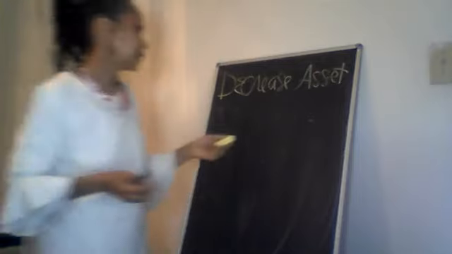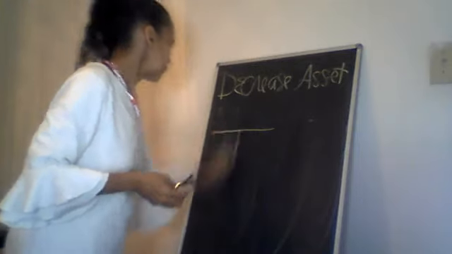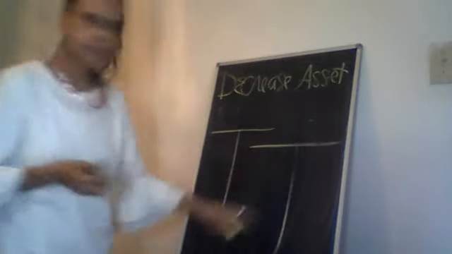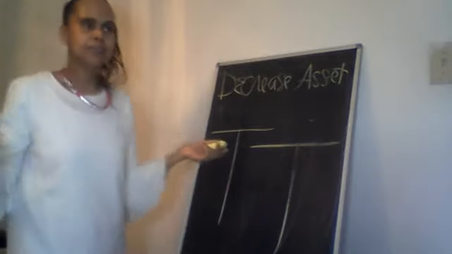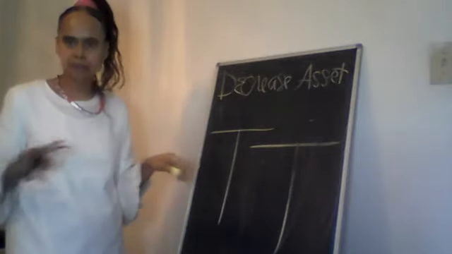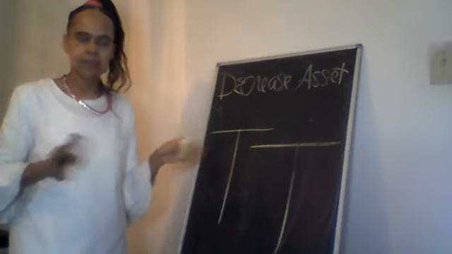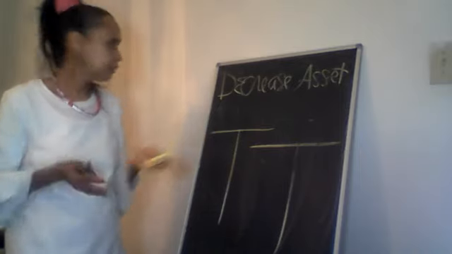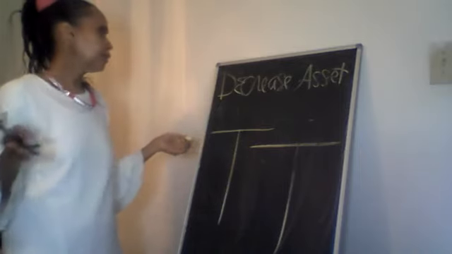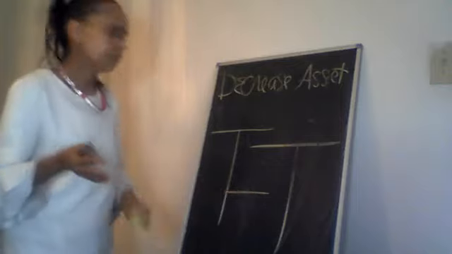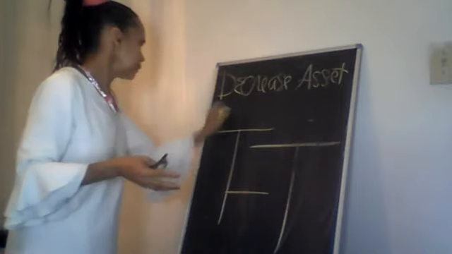We want to decrease an asset and decrease owner's equity at the same time. So you have two T accounts. Decreasing an asset means making it smaller, making the amount less. If we want to decrease an asset, let's start with cash.